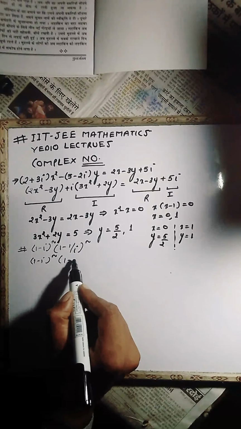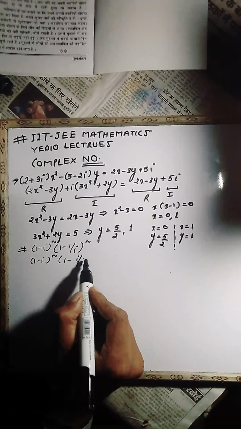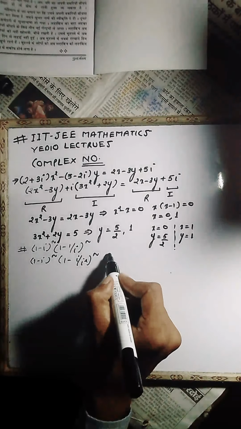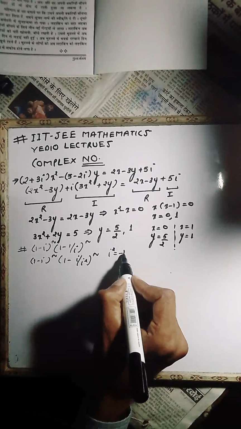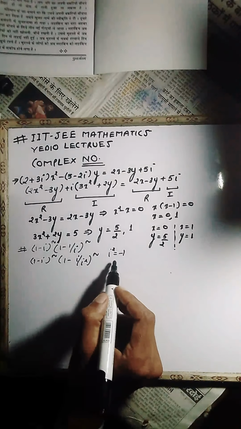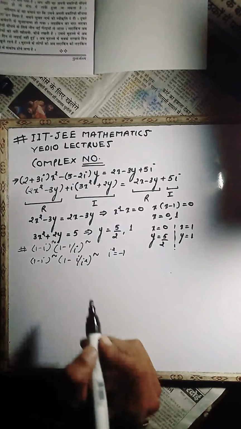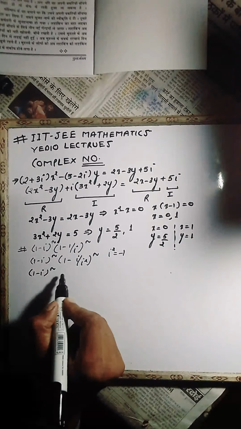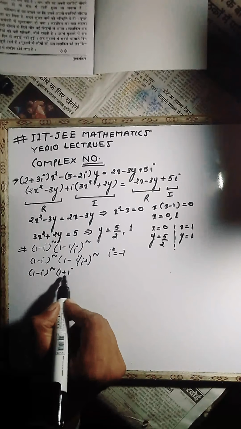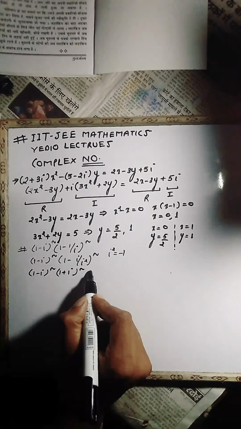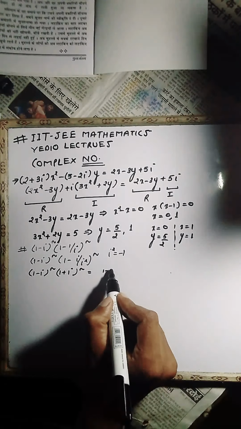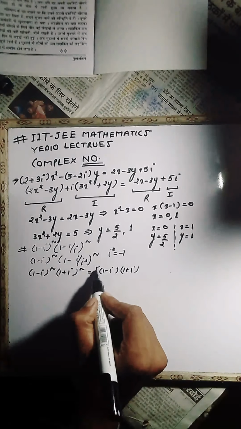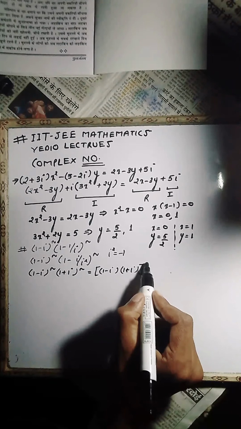So (1 minus i) upon i square, and as we know that the value of i square equals minus 1. So using this value here, (1 minus i) power n, (1 plus i) to the power n. So now (1 minus i)(1 plus i), the whole power n.